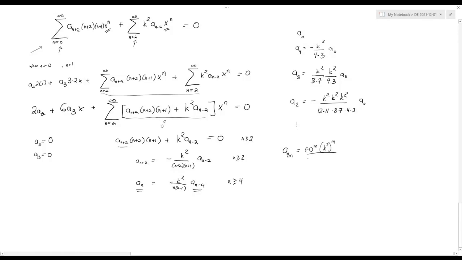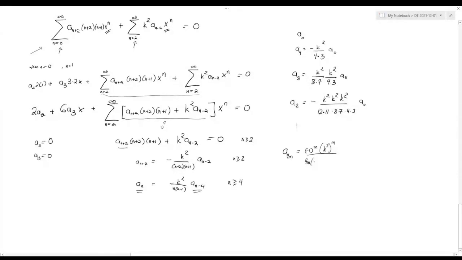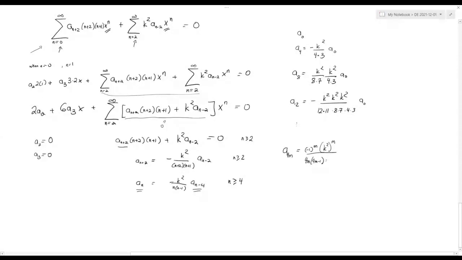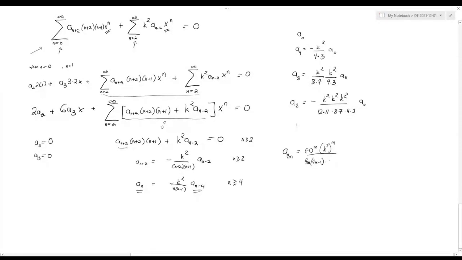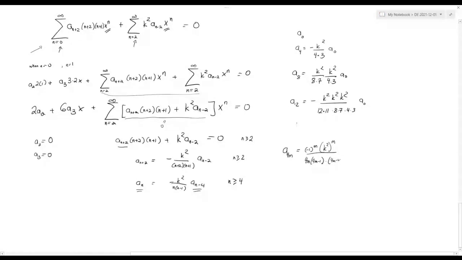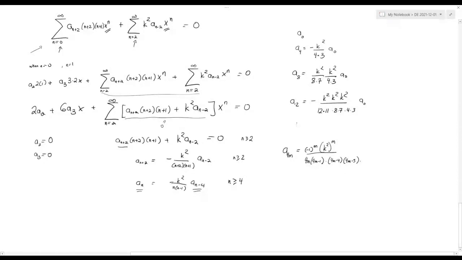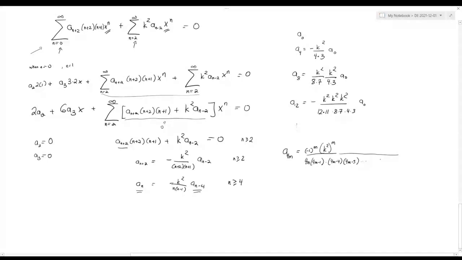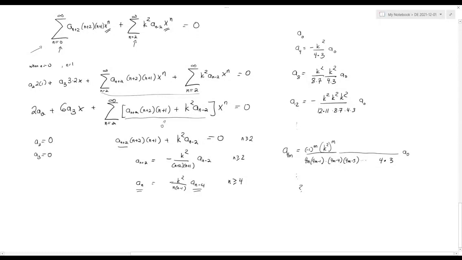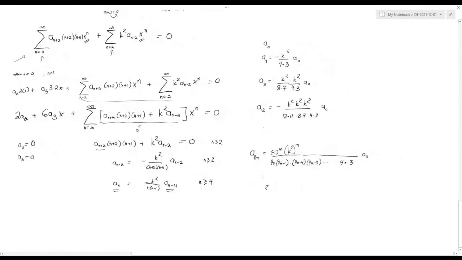And this one is a little difficult to fathom, right? What the pattern is, but it's 4m times 4m minus 1 times, and then 4m minus 4, 4m minus 5, and so on. So we get to 4 times 3. So I don't know if that simplifies or not. We can insert some factors that we're missing, 9 and 10.